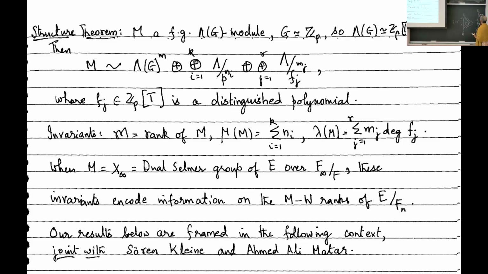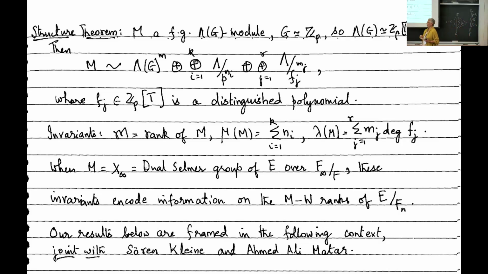I'll call this Gamma_H. Now I'm interested in the following question. I have an elliptic curve. For each of these intermediary extensions, I can look at the dual Selmer group. And I have the invariants, the mu invariant and the lambda invariant for each of those in that family of Zp extensions. What can I say about them in that family?